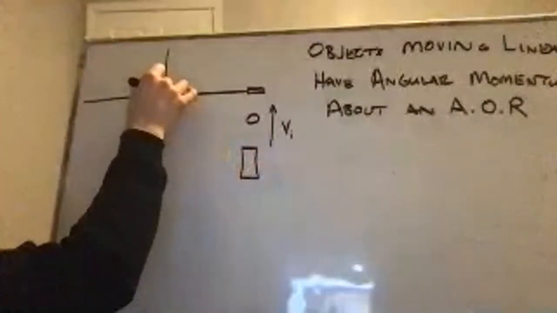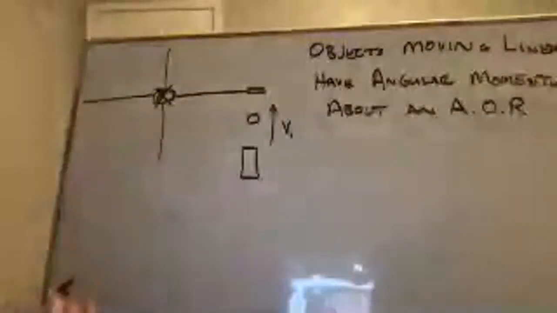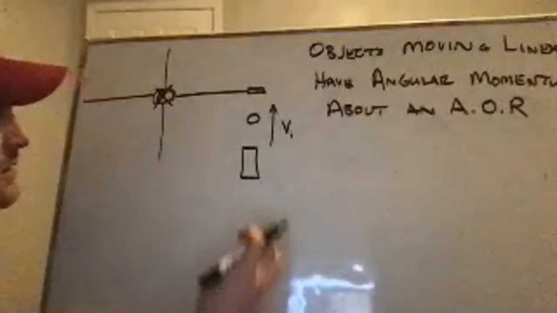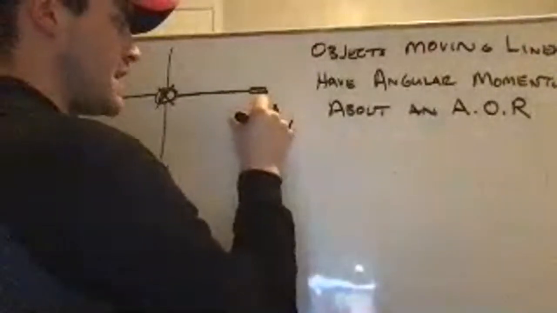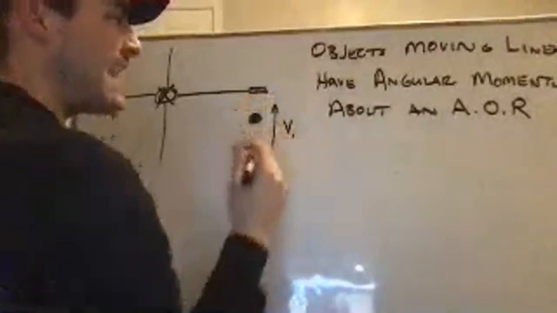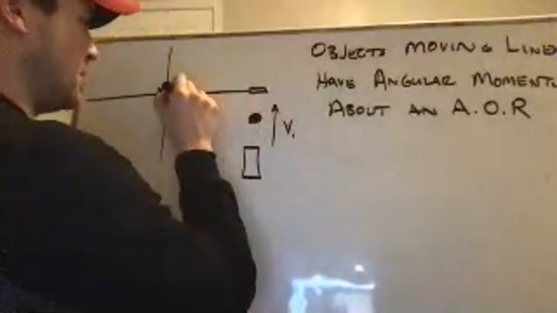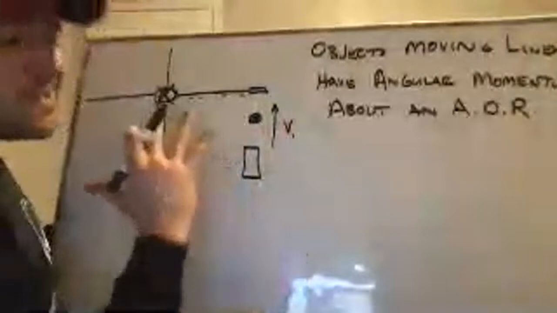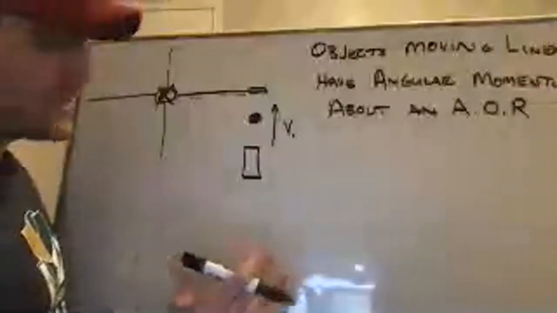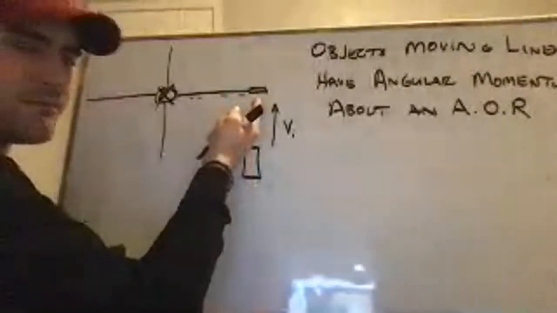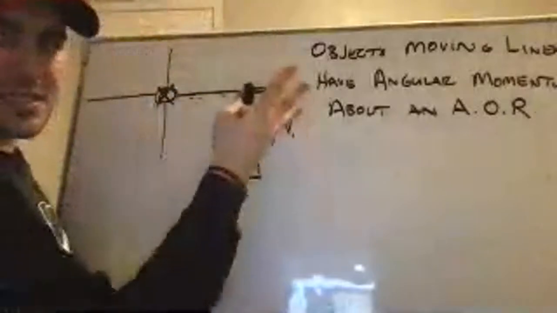Meaning, here's my axis of rotation. We wanted to support the idea that this object right here, in fact, had angular momentum around this axis at the point of collision. So when it hits right here, we wanted to prove that because it's moving on a line doesn't mean it doesn't have angular momentum, because when it hits this magnet, it produces angular momentum.